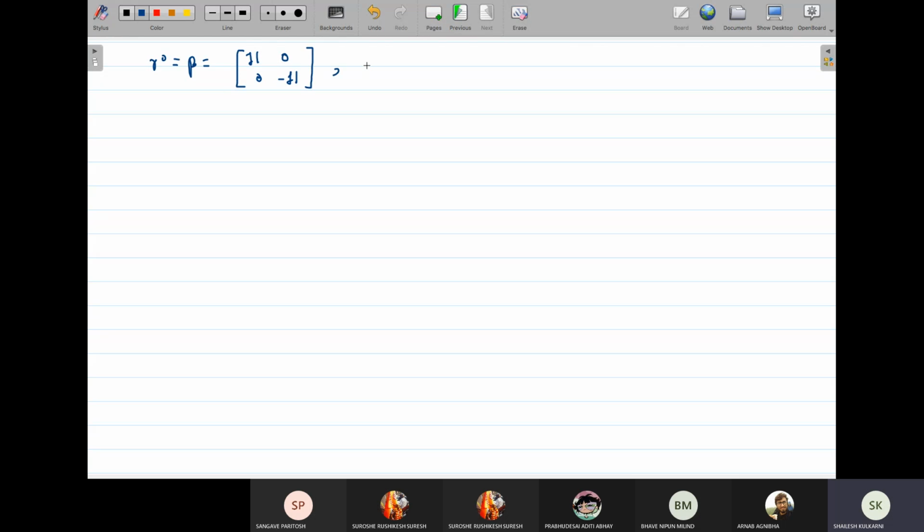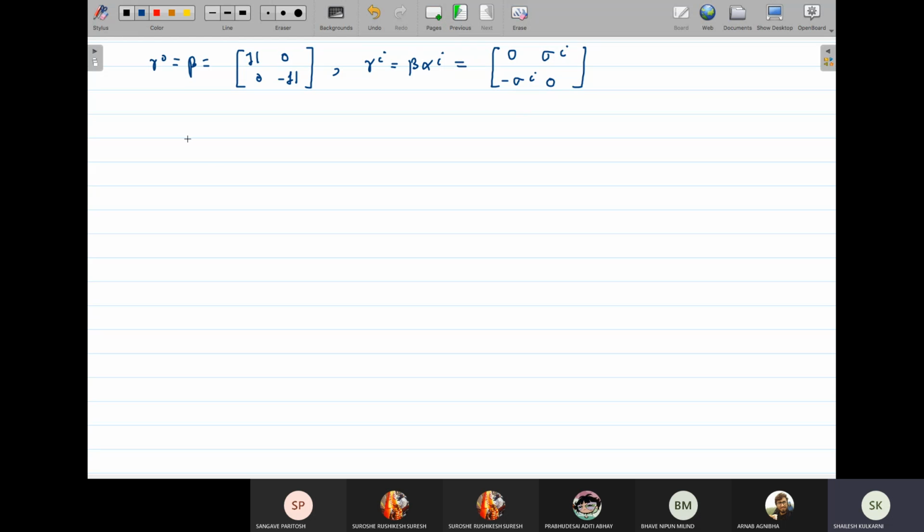And gamma I is equal to beta alpha I, so there is a sign difference in the sigma entry of gamma I compared to alpha. Good, so this is your gamma I.